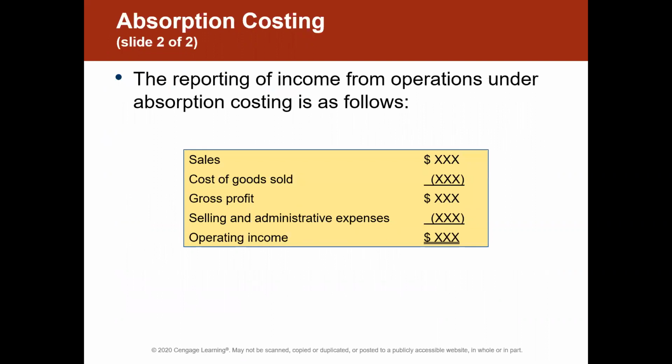And so what you see here should look very familiar to you as the approach to a multi-step income statement. Sales minus cost of goods sold equals gross profit or gross margin. Those terms mean the same thing. Then we subtract our operating expenses, selling, general, and administrative expenses, to get our operating income.